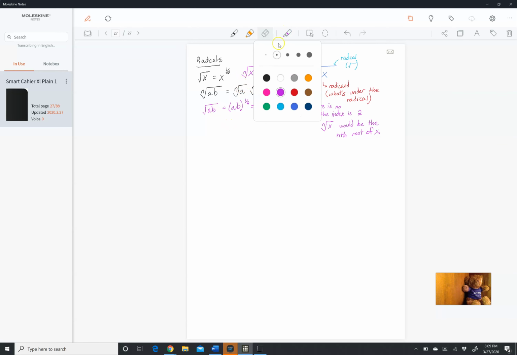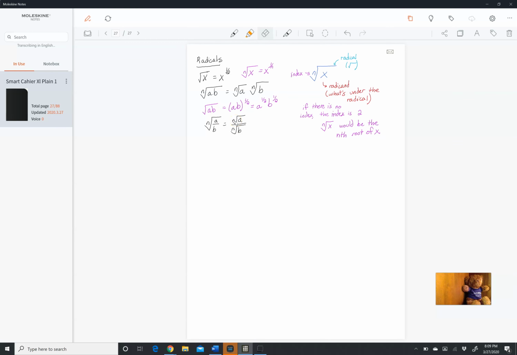So from there, we can get another distribution. We can say that the nth root of a over b is the same thing as the nth root of a over the nth root of b. Okay, so notice that you want to be really careful. This is not n times the square root of a over b. This is the nth root. The n should go inside that little v that you see there.